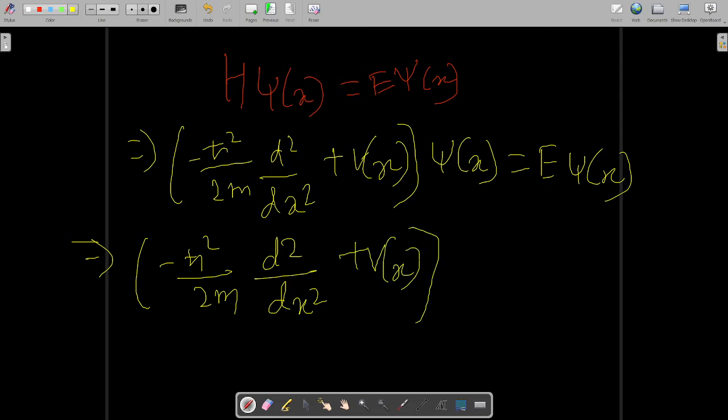And psi of x will be your a x e to the power minus kx. And this will be equal to E a x e to the power minus kx.